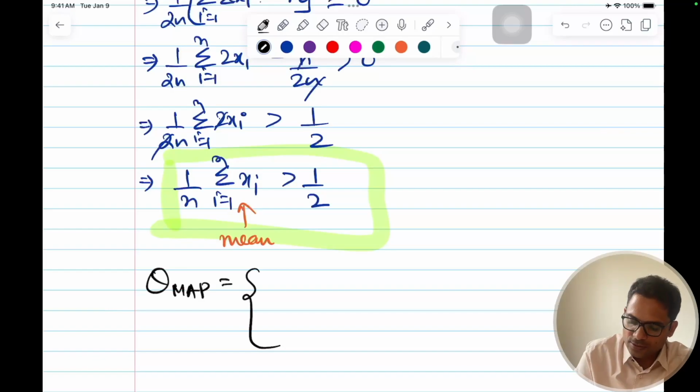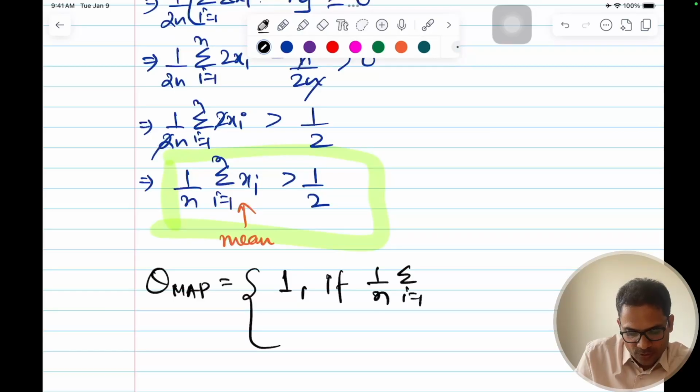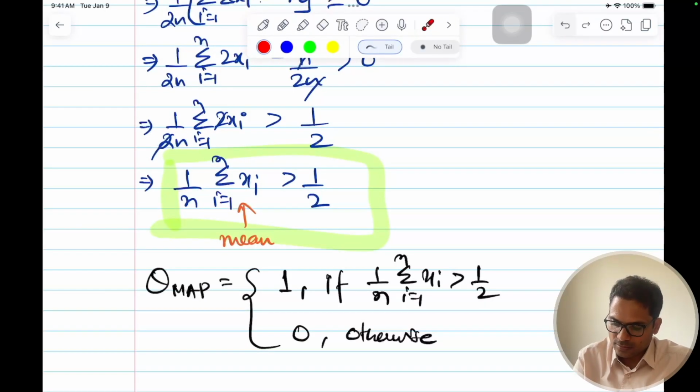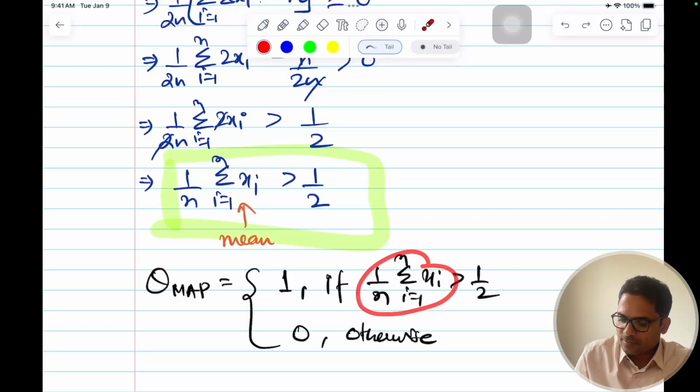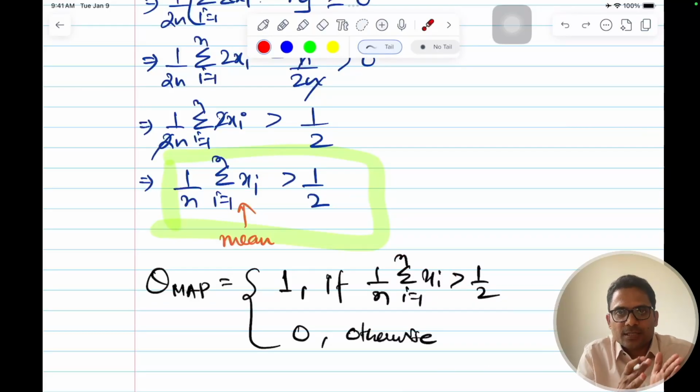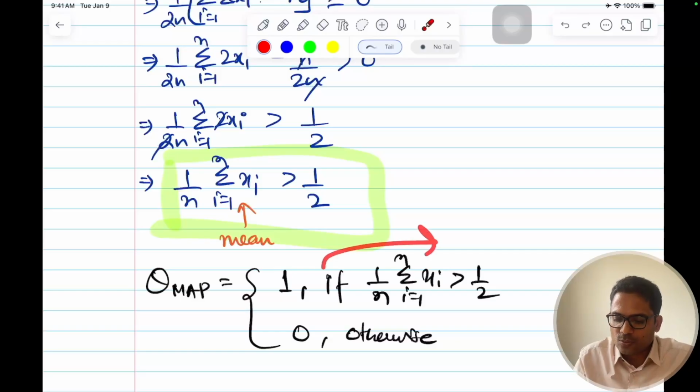This will be equal to 1 if 1 by n sigma i equal to 1 to n xi is greater than half, and 0 otherwise. Means when the mean is equal to half, or anything less than or equal to that, all the remaining part, then this will shift to 0, and if the mean is just greater than half, then it will go to 1.